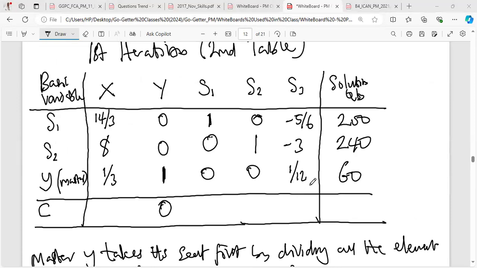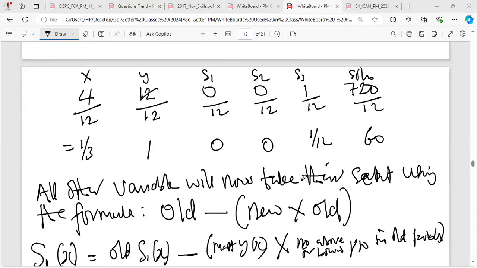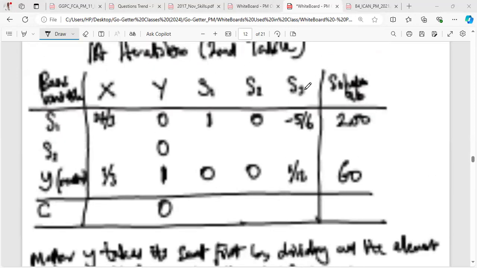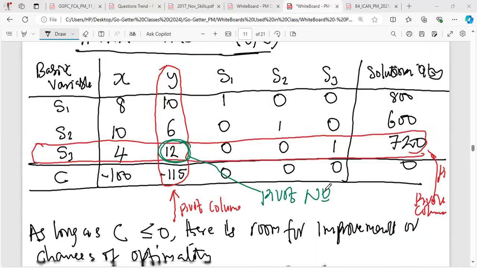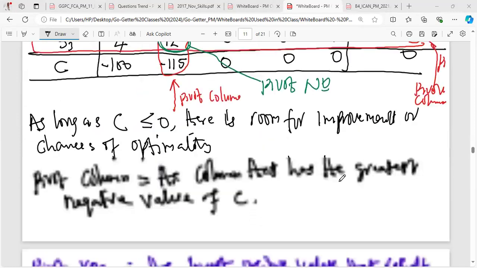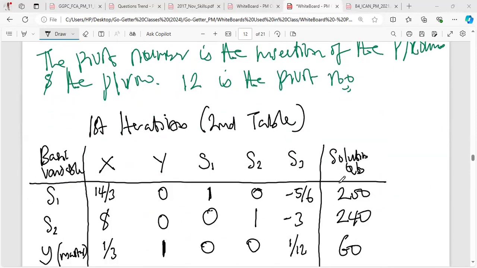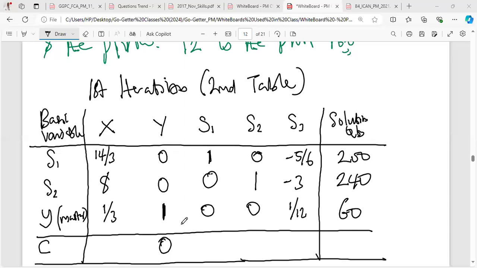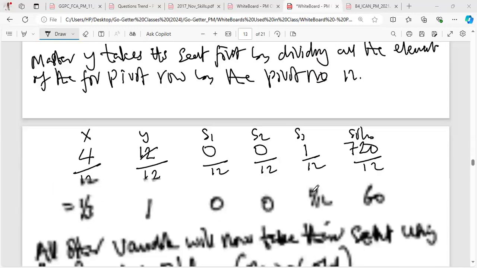This one here is 1 over 12. How did we get 1 over 12? This is it here. When we divided 1, this one here, by the pivot, which is 12, got 1 over 12. That is for the master Y row.